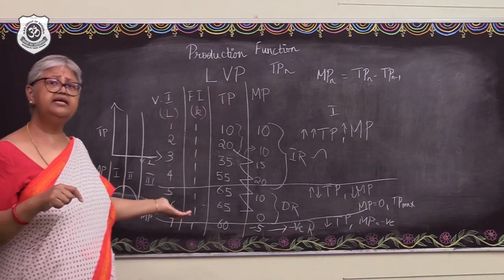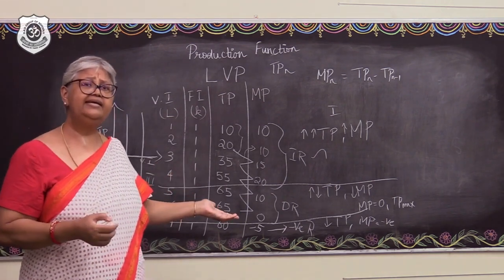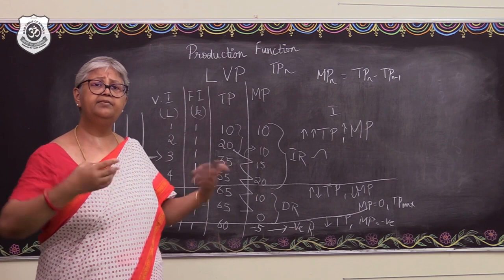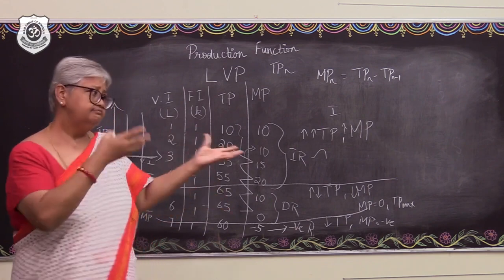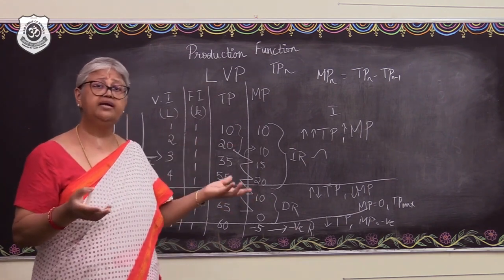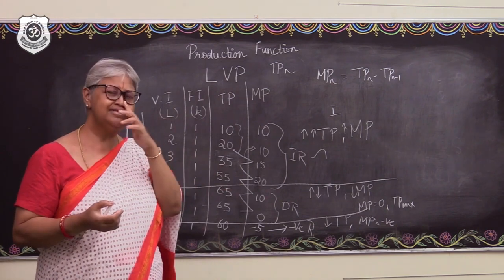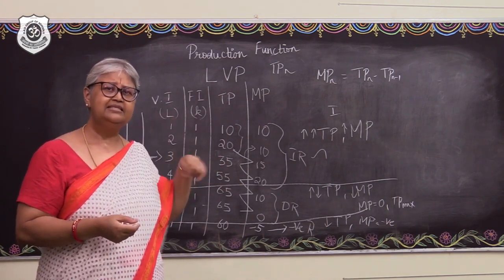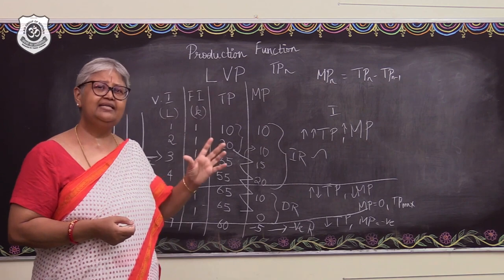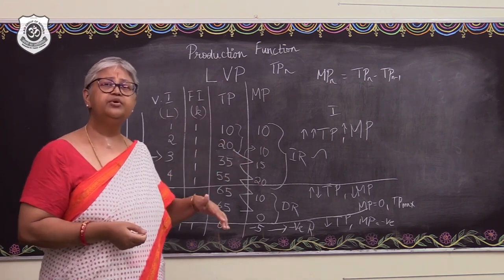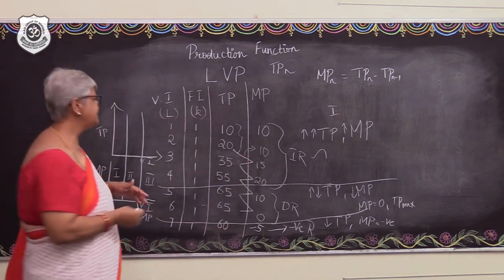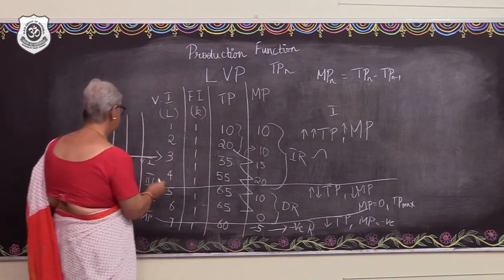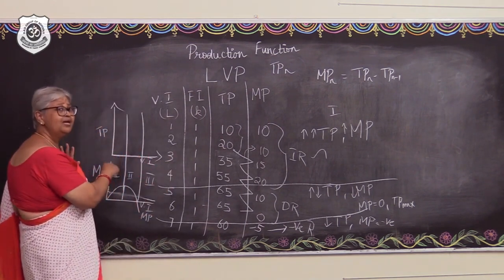This is a short run. Why will you be hiring laborers or taking up raw materials in the short time period when there is no requirement to produce? So the curve can begin from the origin, indicating that when there is no output, there is no input in the short time period.